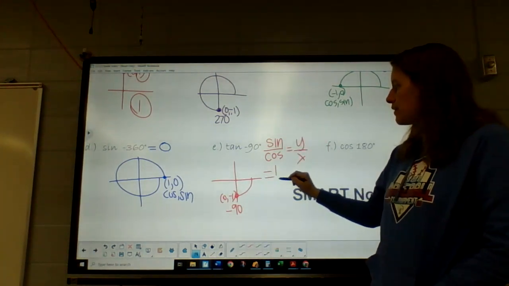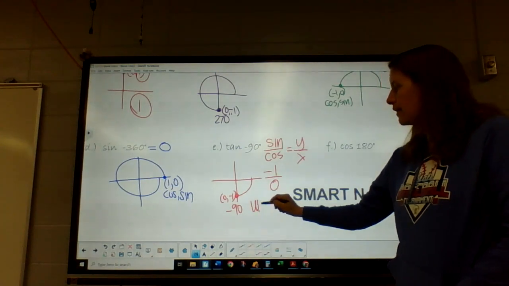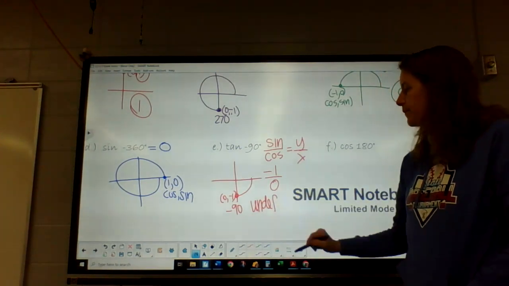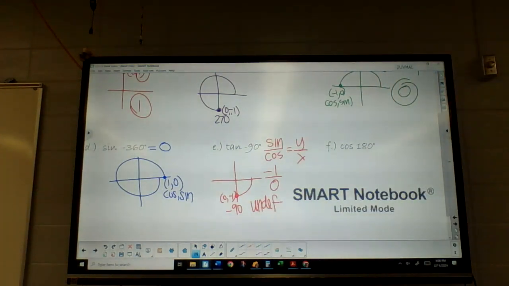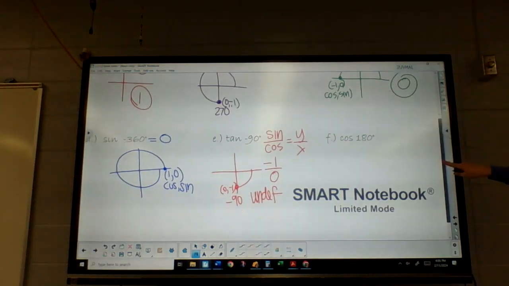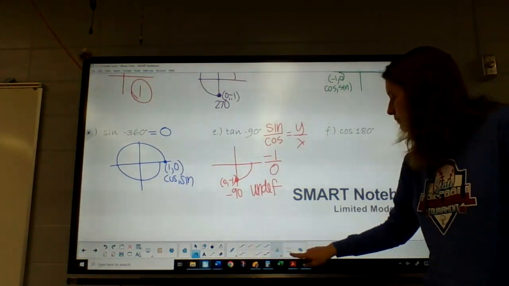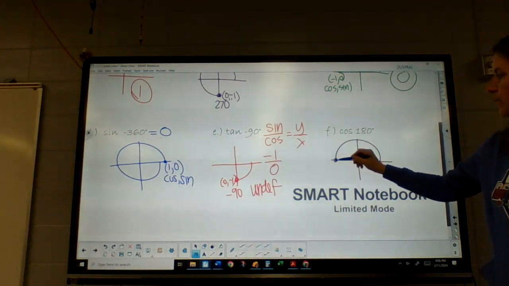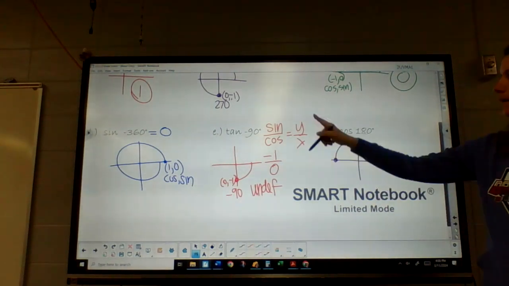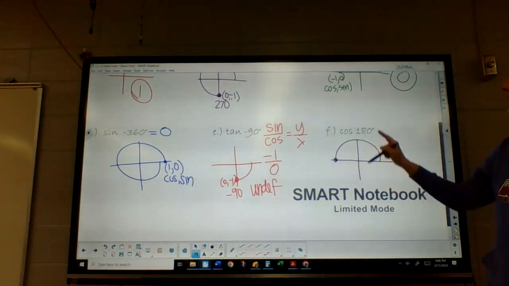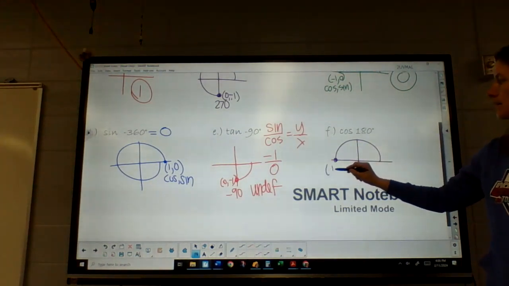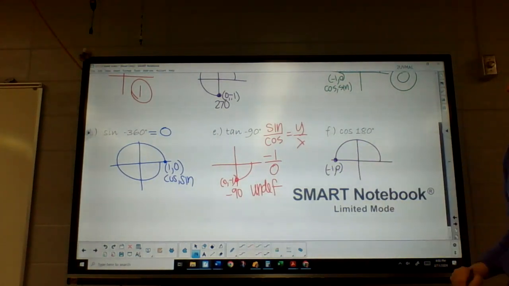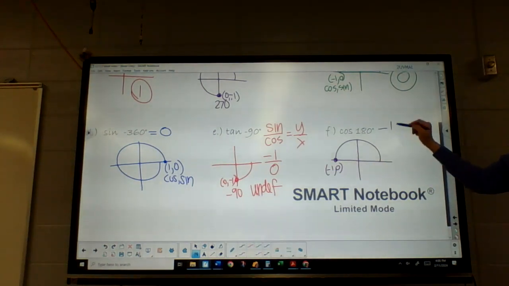So it's going to be a -1 over 0, which this one would be undefined. So cosine of 180 would go this way. Again, I think we did that one up over there, right here. So -1, 0, and the cosine is just the first value.